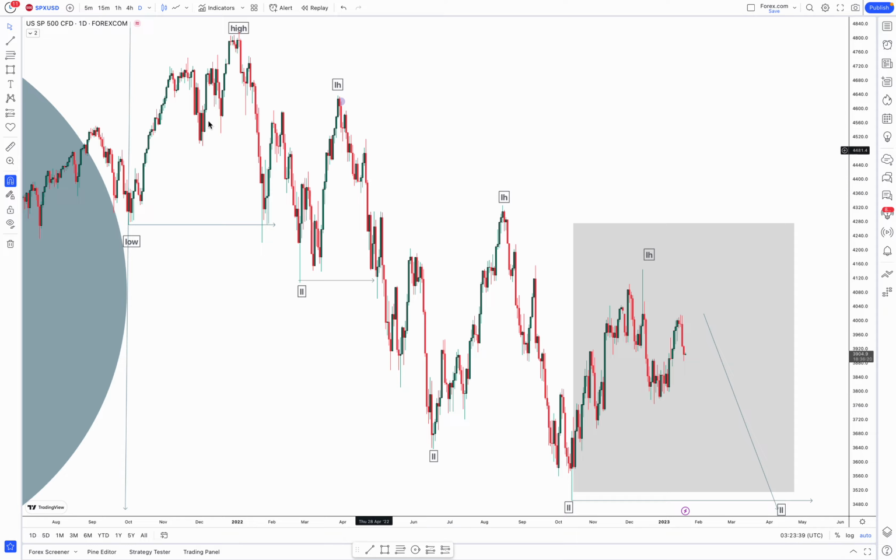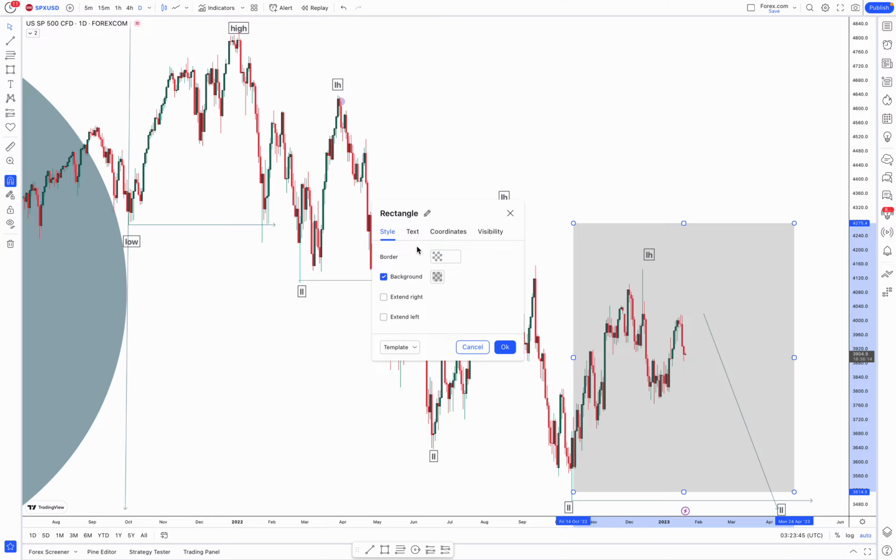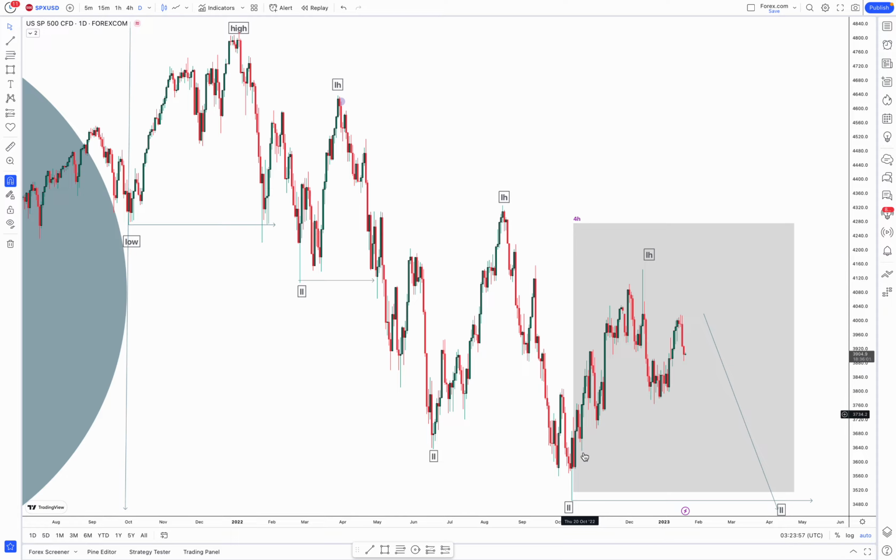Okay. So this gray area over here, we have to go down to the 4-hour time frame, and we will see. Just call it 4H. We have to look at the 4-hour time frame and see what happens here.